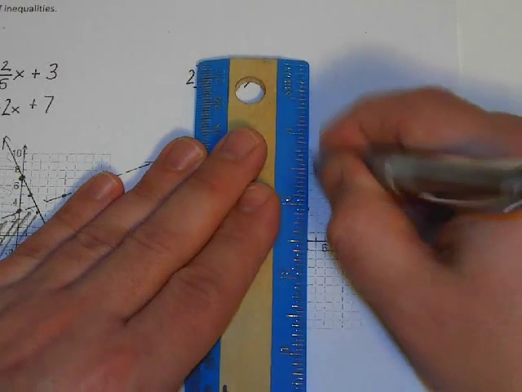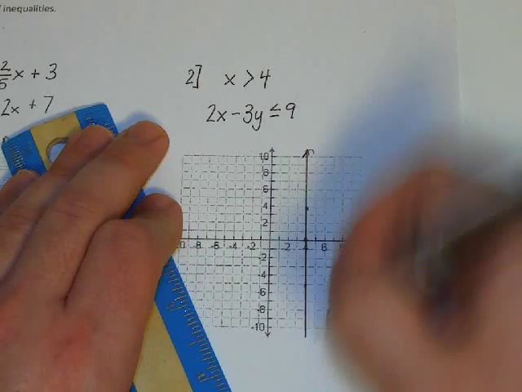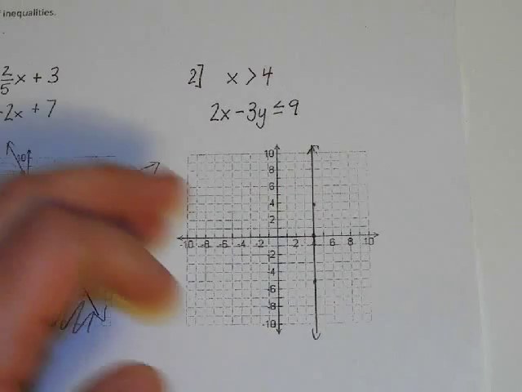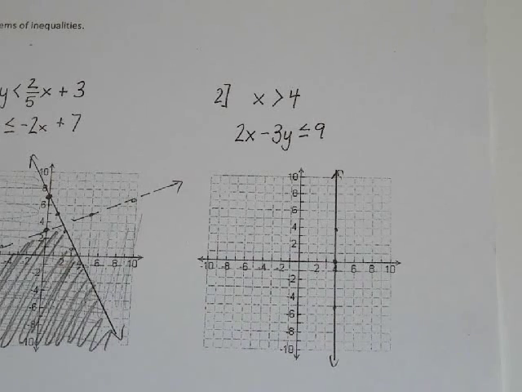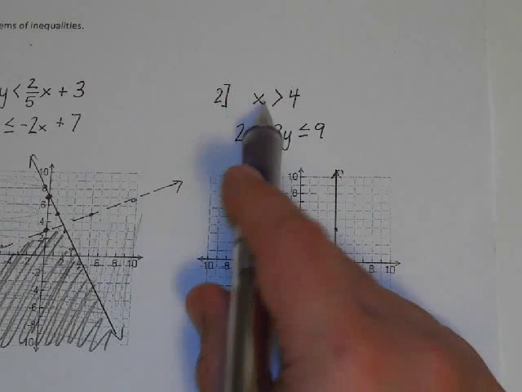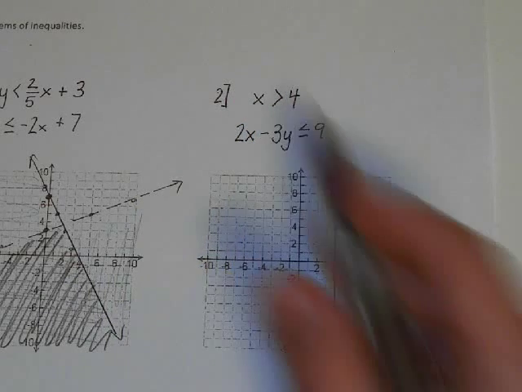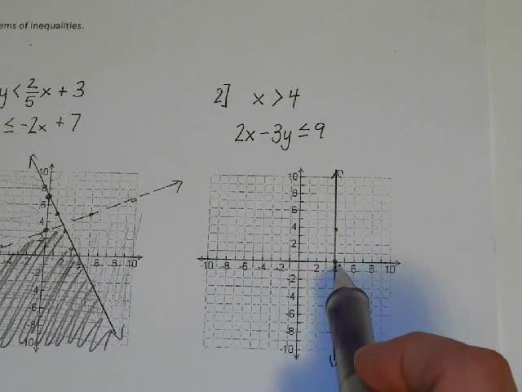Now, since it's not y, we can't shade above or below this line. We can only shade to the left or right. Well, x is greater than 4. Just think of a number. What's bigger than 4? Well, 5, 6, 7, 8. So every number to the right is bigger than 4. So our shading is going to be done to the right.